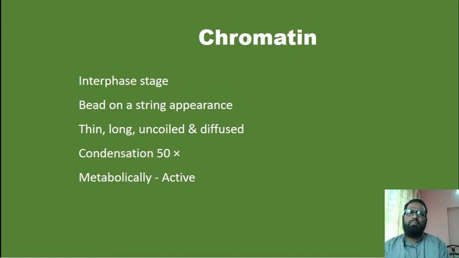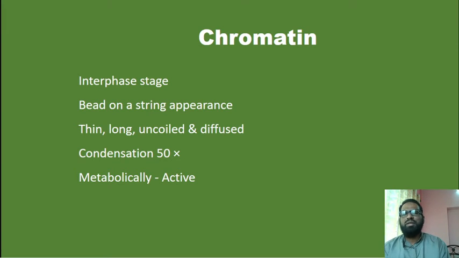The next very important point associated with the chromatin is that chromatins are metabolically active. What does it mean? Metabolically active means they have the ability to undergo replication of the DNA molecule. They also have the ability to undergo transcription.